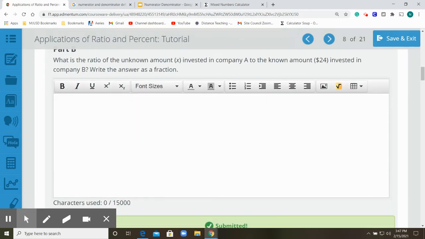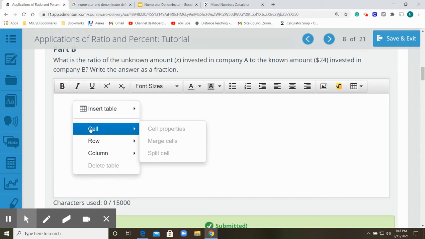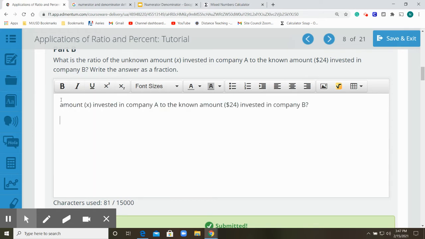Part B. What is the ratio of the unknown amount, X, invested in Company A to the known amount, 24, invested in Company B? So, amount X invested in Company A to the amount B if 24 is invested in B. All right.